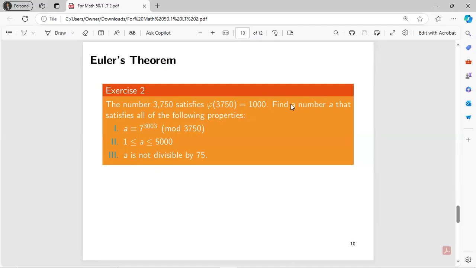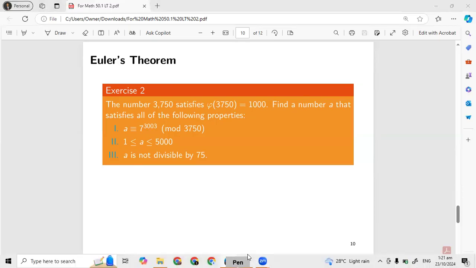So, for this one, the number 3,750 satisfies phi of 3,750 equals 1,000. So we need a number A that satisfies the 3 conditions. The first is 7 to the 3003 mod 3750. Well, this first condition is pretty straightforward.